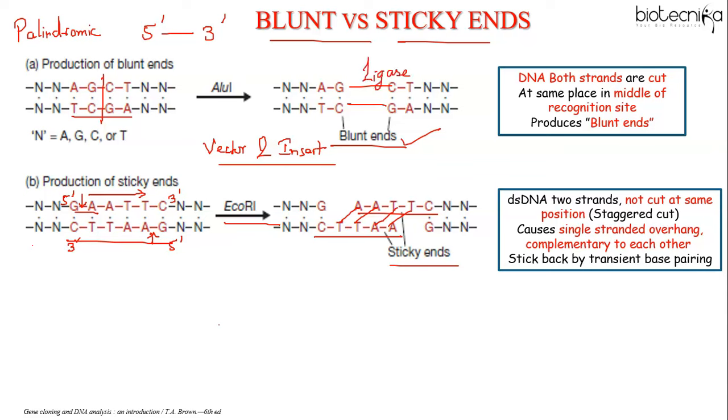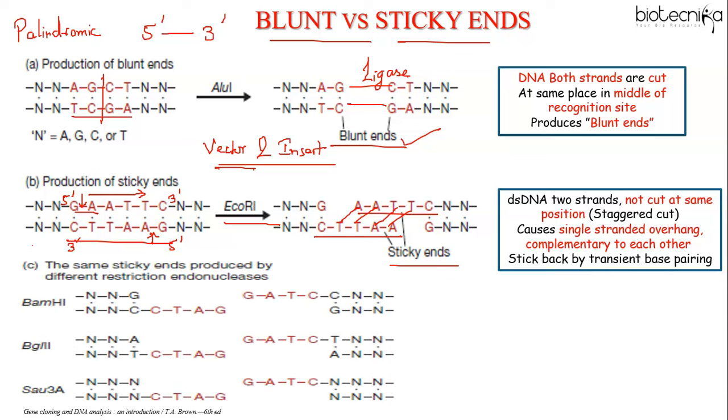On the other hand, if we are using an enzyme which generates sticky ends, usually sticky ends are much stronger than blunt ends because they can join back by transient base pairing. So in cloning, we have to use the same enzyme to cut the vector and insert, so that compatible ends are generated.